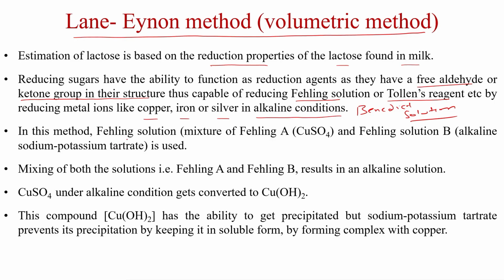Now, what is Fehling solution? Fehling solution is a mixture of Fehling solution A, which is copper sulfate, and Fehling solution B, which is alkaline sodium potassium tartrate. The source of copper ion is copper sulfate, and the purpose of alkaline sodium potassium tartrate is to keep the cupric hydroxide that is formed from alkaline copper sulfate in soluble form.